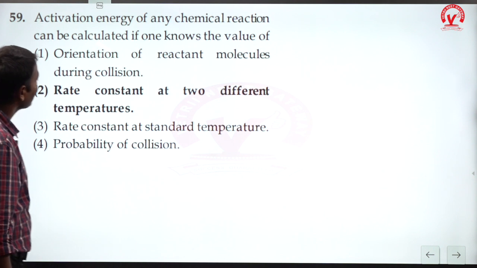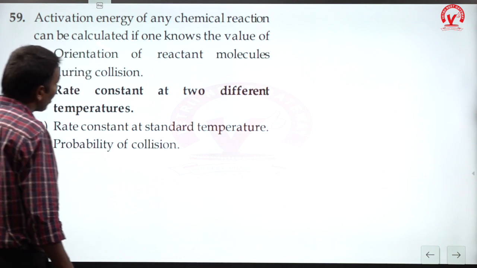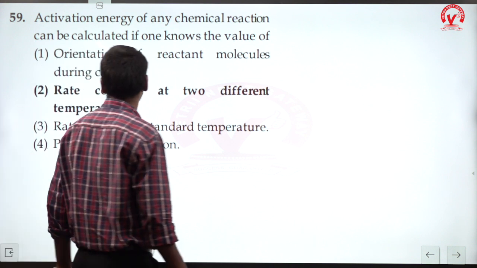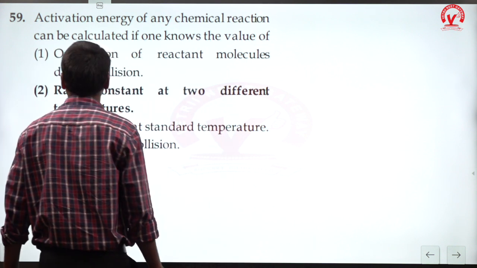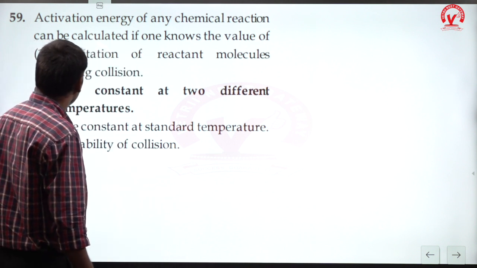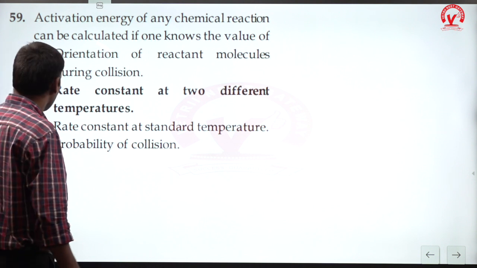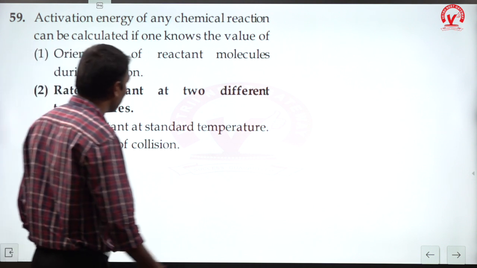Activation energy of any chemical reaction can be calculated if one knows the value of dash. Orientation of a reactant molecule during the collision, rate constant at two different temperatures, rate constant at standard temperature, probability of collision.